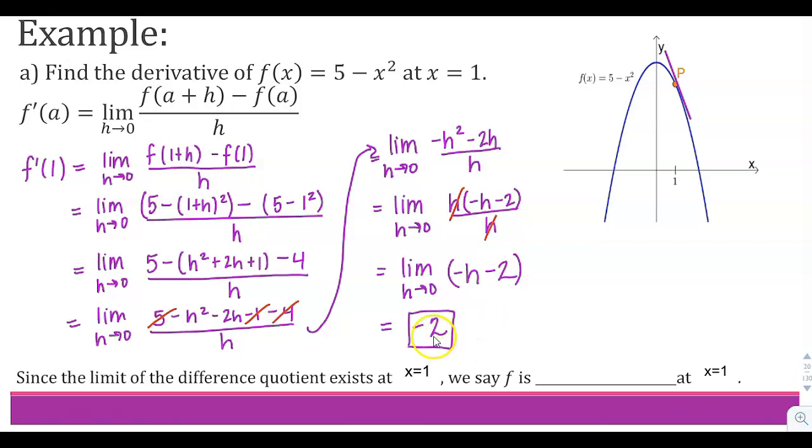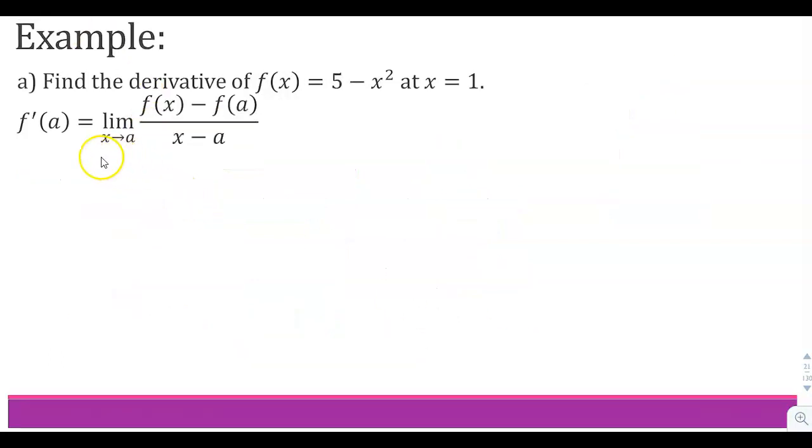Now that we got an answer, we can say, since the limit of the difference quotient exists at x equals 1, we say f is differentiable at x equals 1. And just to show that we do get the same answer, we'll also evaluate the derivative using the alternate limit of a difference quotient.